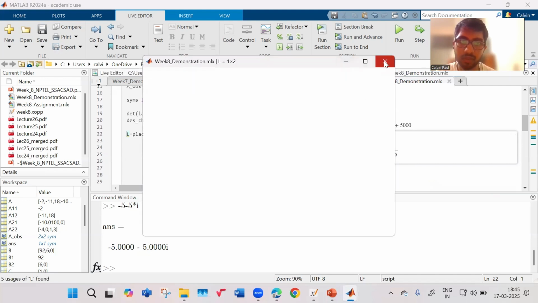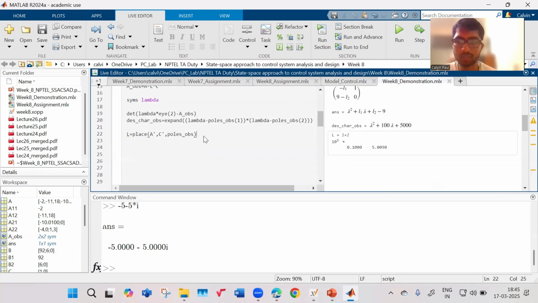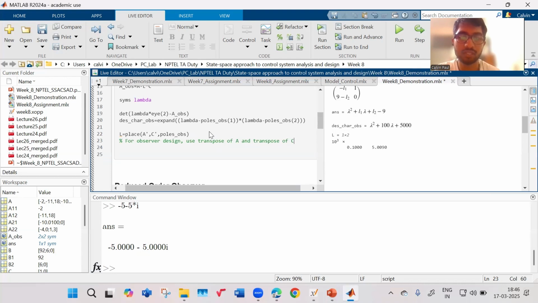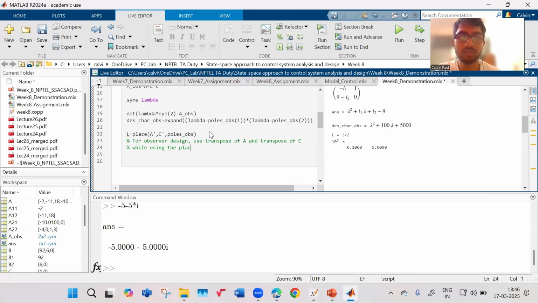So this was the mistake which I had made. I must use place of A prime, C prime. This is for observer design: use the transpose of A and the transpose of C while using the place command. Otherwise you get the wrong result.